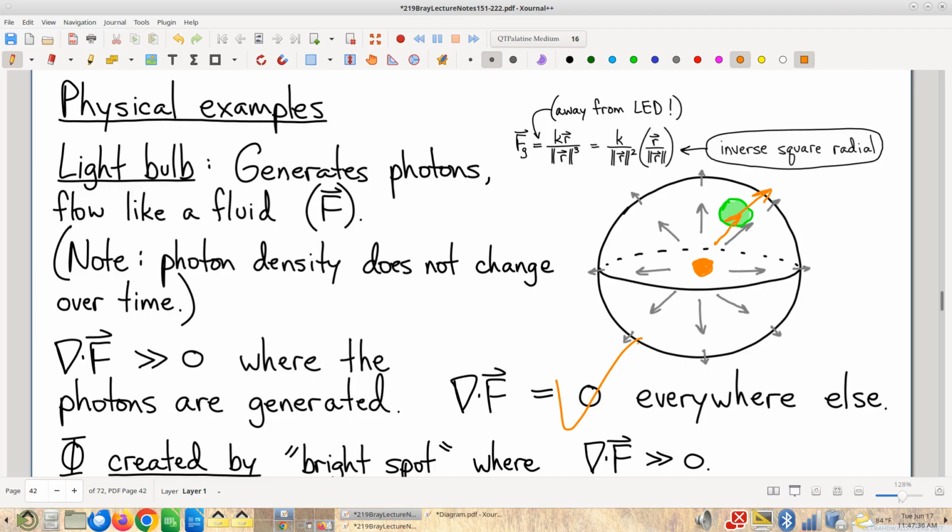But importantly, that's just not what happens, right? And now I appeal to your intuition about, look, we're surrounded by light bulbs here. And there's no photons collecting anywhere, right? So we're going to make a different interpretation of divergence. In particular, if you look at this region here, however many photons there are in there, the number of photons that are in between my hands, it's not changing.